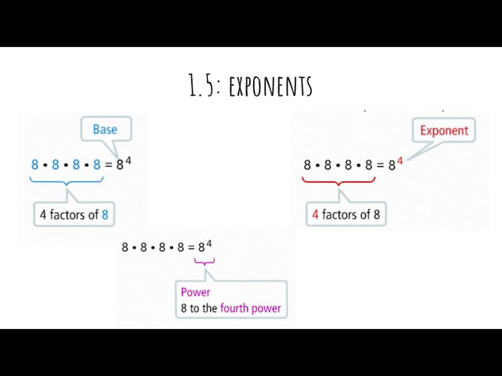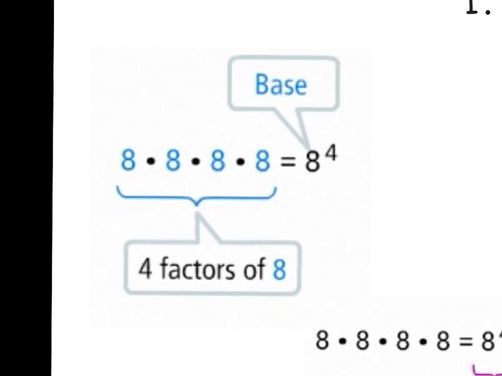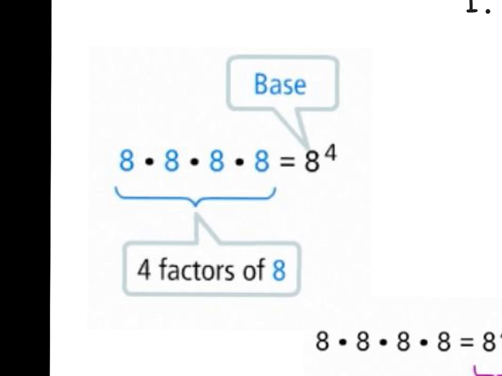Anyway, there are some key terms for these, which you've seen before over the years. The basic idea is this. If you have repeated multiplication, as in 8 times 8 times 8 times 8, you could write that, but that's taking up a lot of space and time, so why not come up with a little shorthand and call it 8 to the power of 4, or 8 to the 4th power, which means you take the base, the number or factor that you are multiplying against itself, and you look at the exponent.